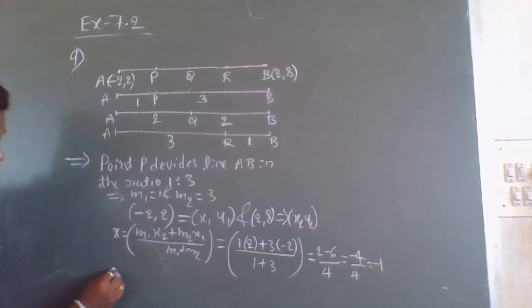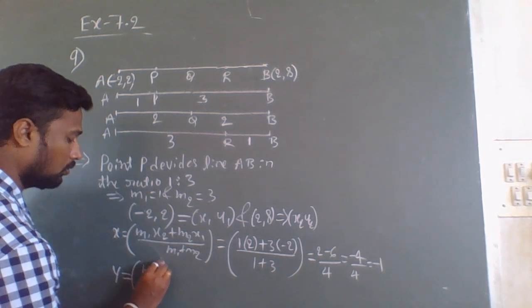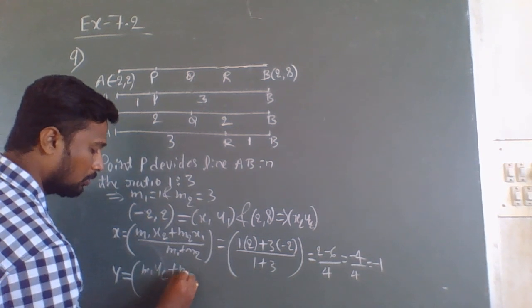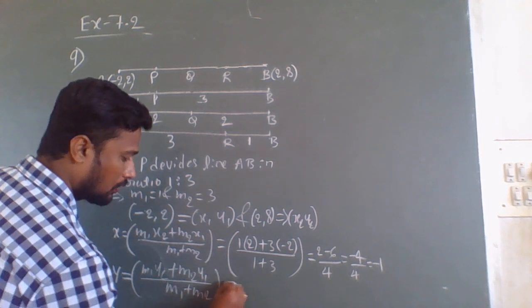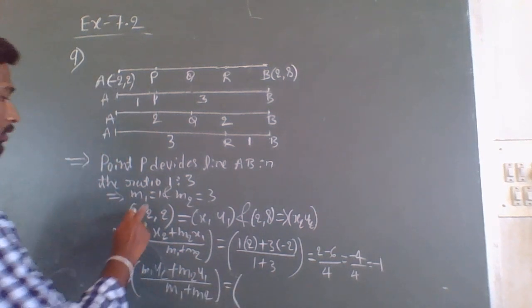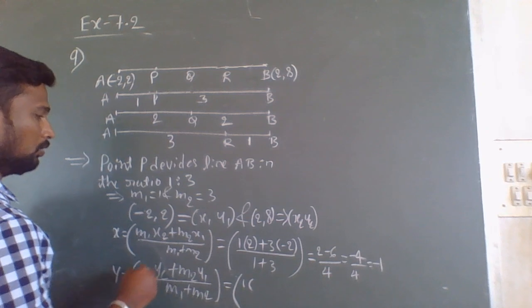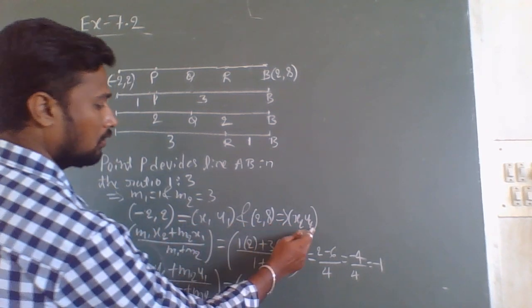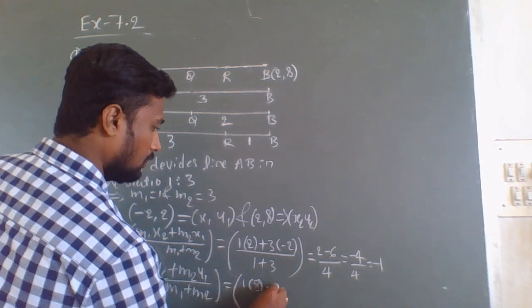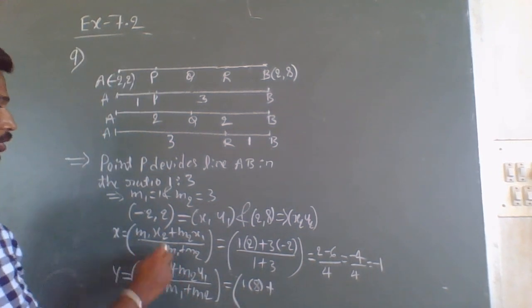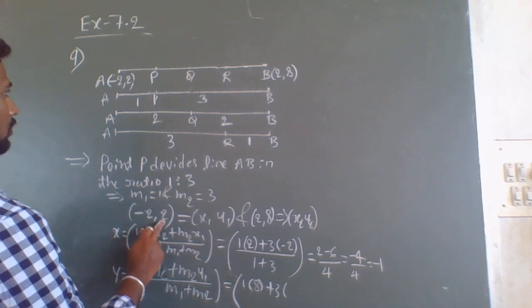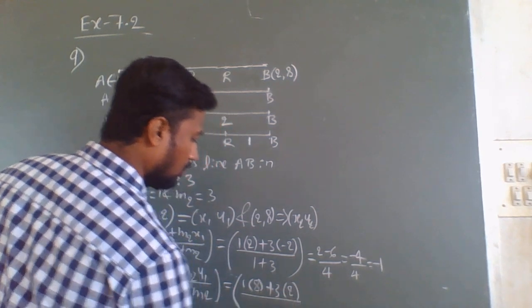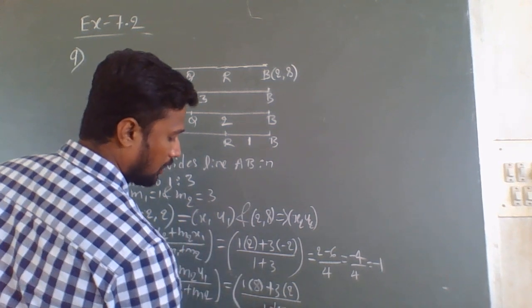So now we will calculate y coordinate value. So here what is the formula again, m1 into y2 plus m2 into y1 divided by m1 plus m2 equals to, what is m1 value, 1, next y2 value, what is the y2 value here, y2 value is 8 plus m2 is 3 and y1 value, what is y1 value, 2, divided by m1 plus m2 means 1 plus 3 again.